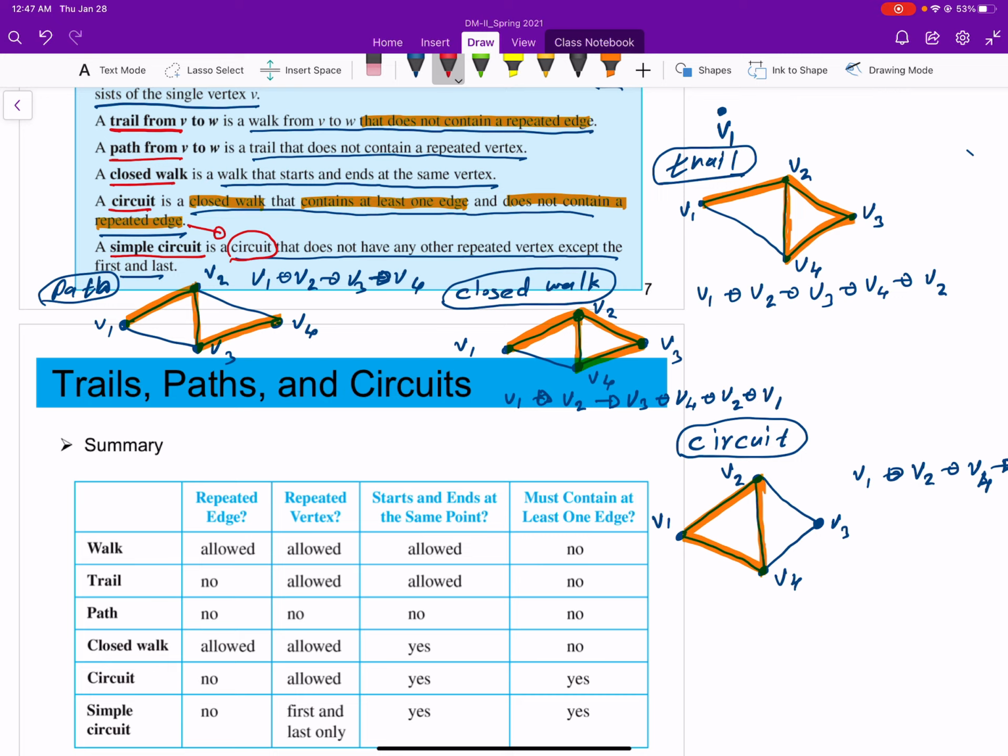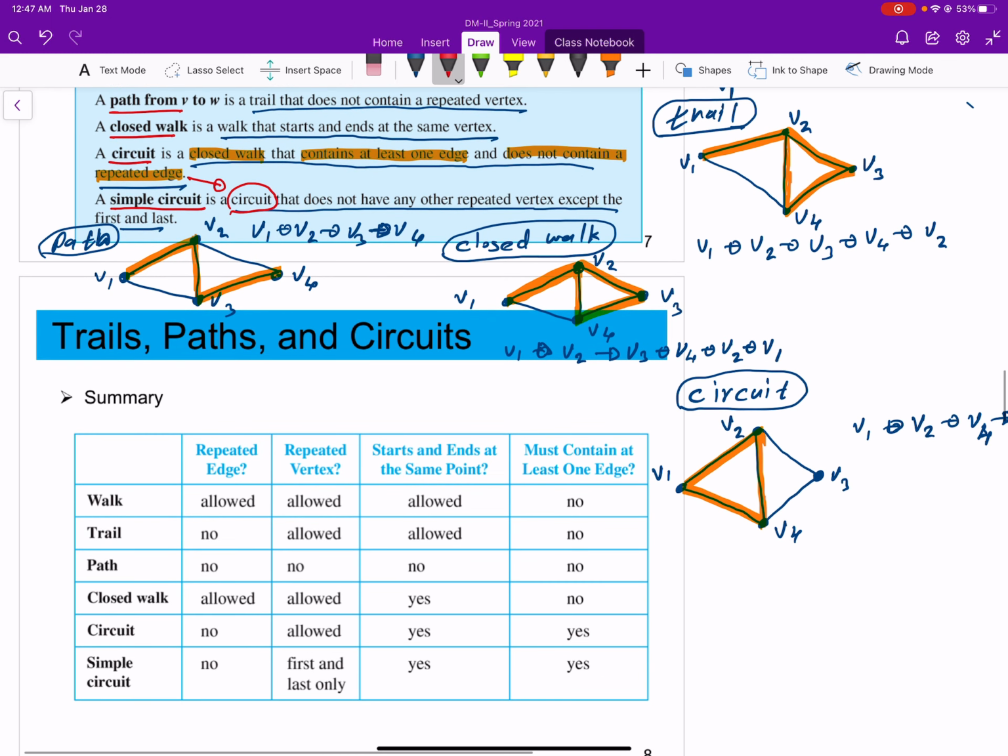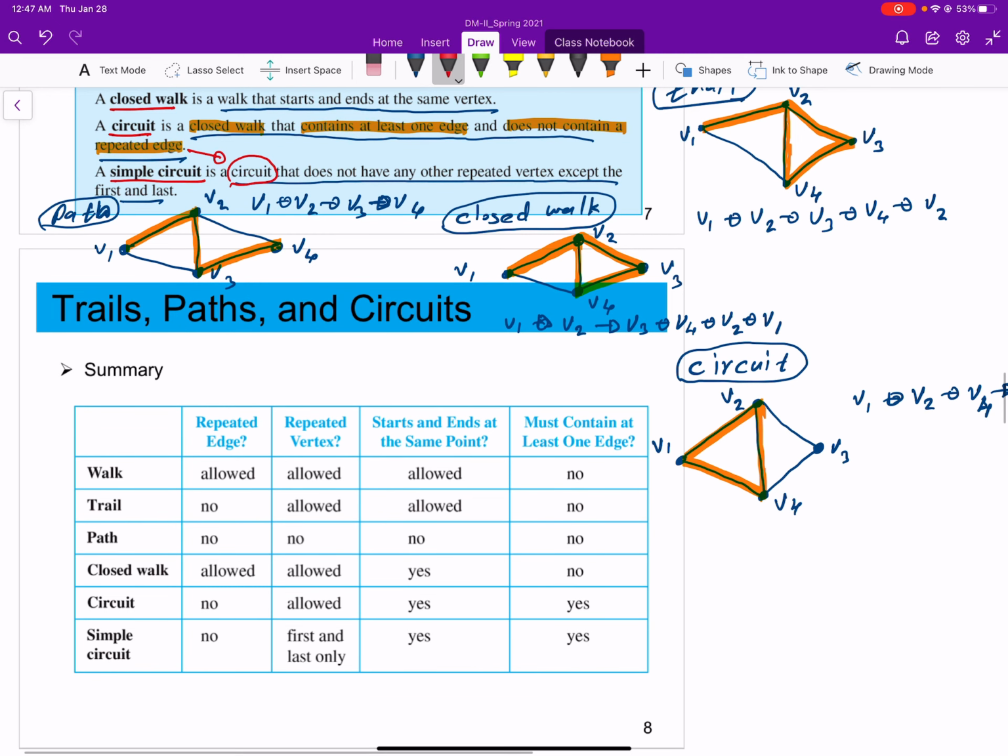So it's a circuit. Other than being a circuit, it should not have repeated vertices too. You can just have the first and last vertex as common, but that's it. No more common vertices. This is a simple circuit.